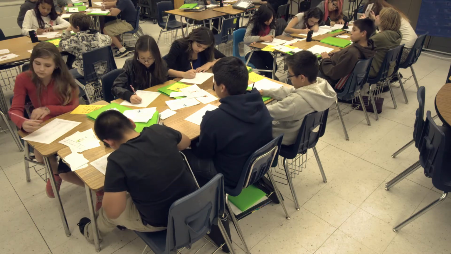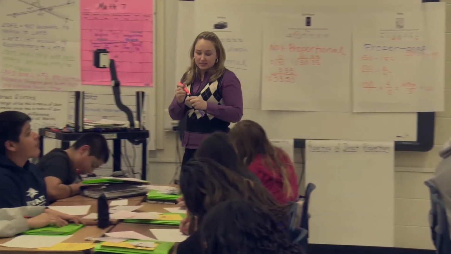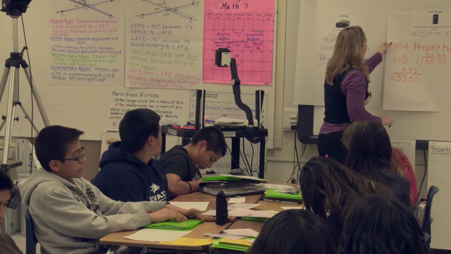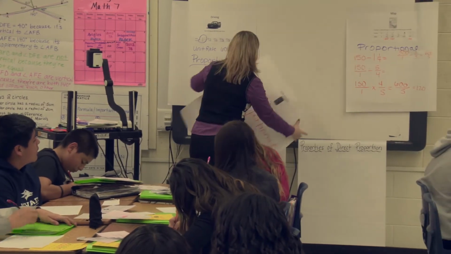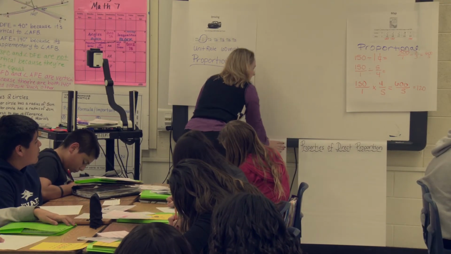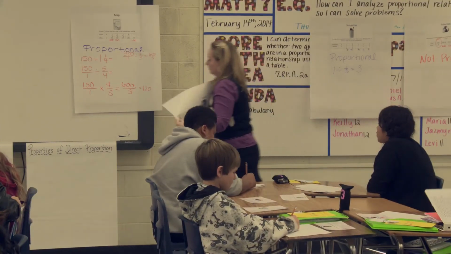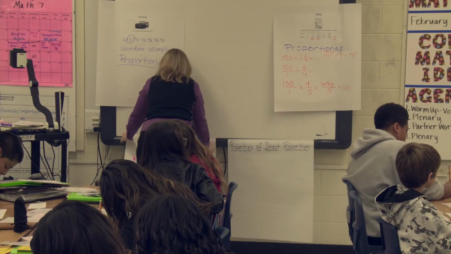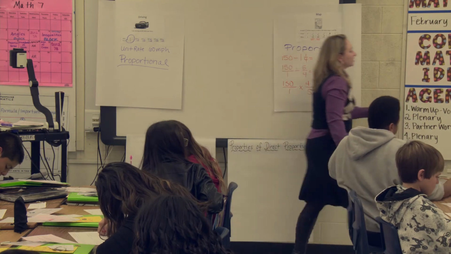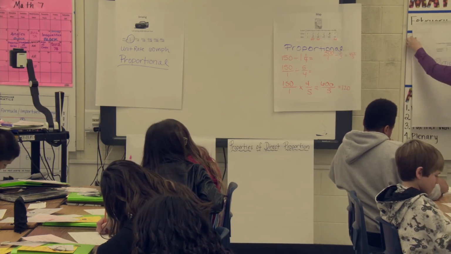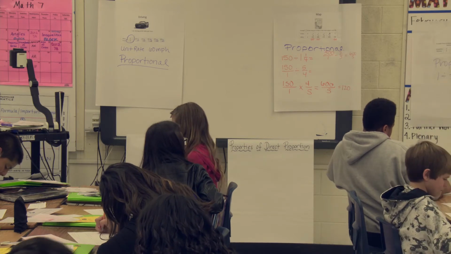Okay, so we're gonna wrap things up here, ladies and gentlemen. I'm going to go ahead and pull down all of the non-proportional ones. Okay? And I want us to really look at the proportional ones to come up with some properties of direct proportion.